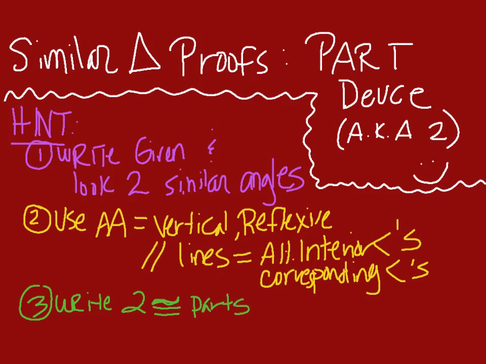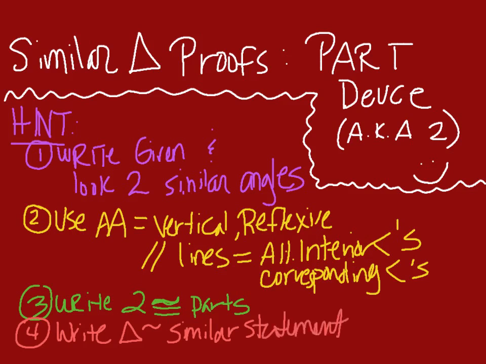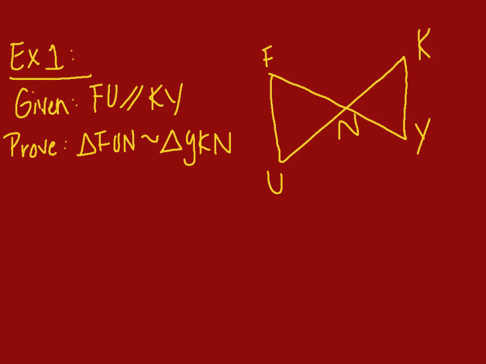And last but not least, you are going to write a triangle similarity statement, which is the proof, and the reason is always going to be AA. So that should hopefully be easy for you. Those are 4 steps, and there are going to be 4 steps every single time. So I'm going to show you 2 examples. I'll give you a second to copy this down, and then we can start doing our 2-column proof.